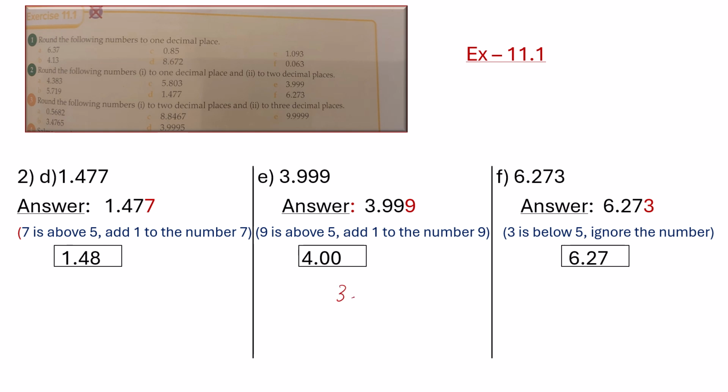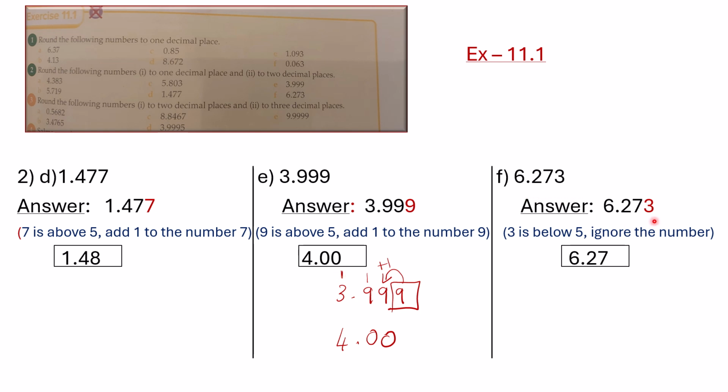So 9 plus 1 is 10. So I'm writing 0 here and the 1 over here. Again 9 plus 1 is 10, so I'm writing 0 and carrying the 1. Then 3 plus 1 is 4. So the final answer is 4.00.